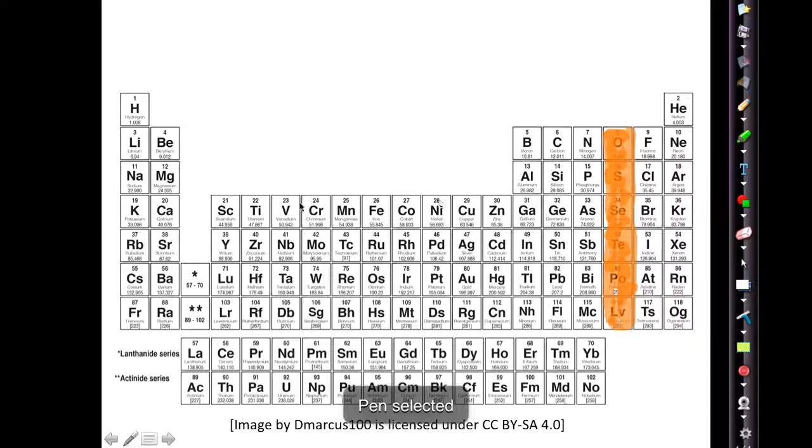So if we think back to what we learned in Chapter 5, talking about electrons and electron configurations, and thinking about how we can use the periodic table as a shortcut to help us write electron configurations, let's focus just on the first element in that group, column number 16 there.